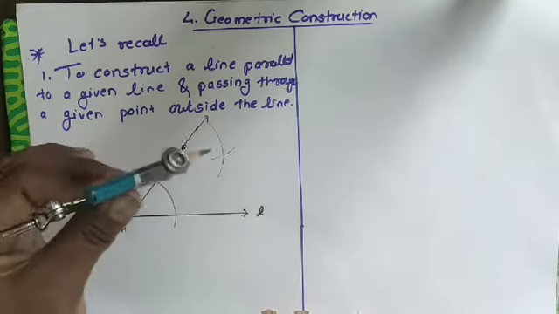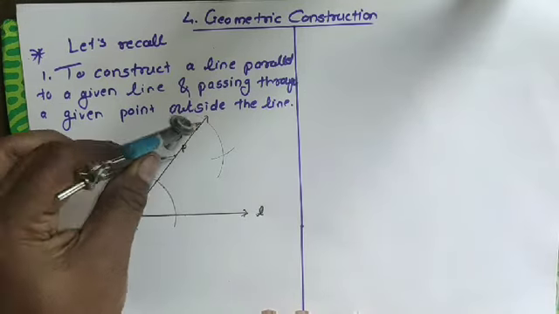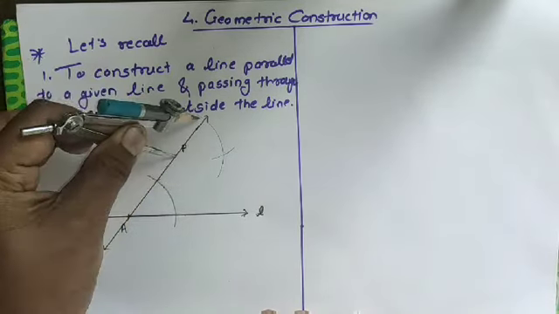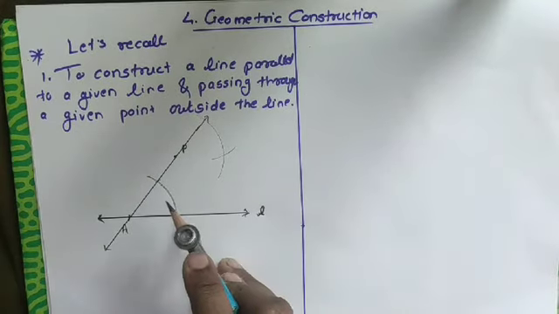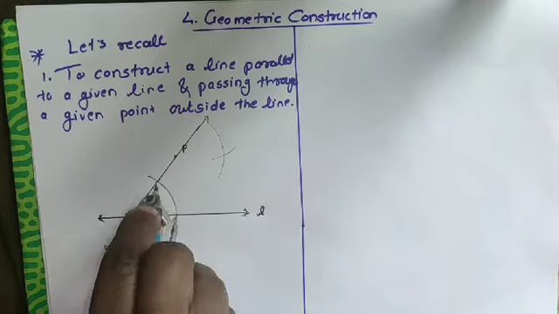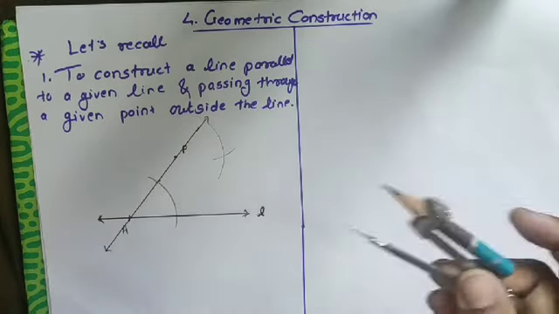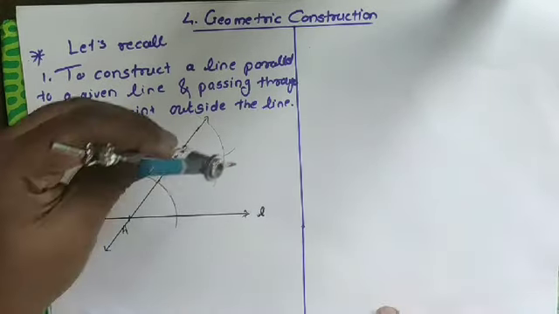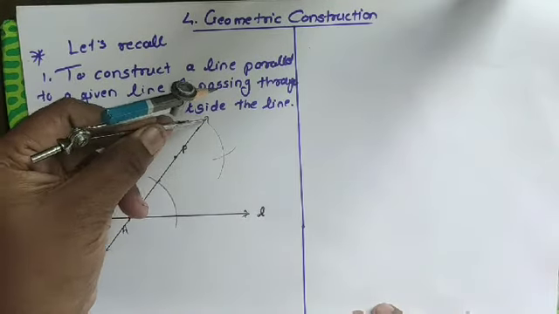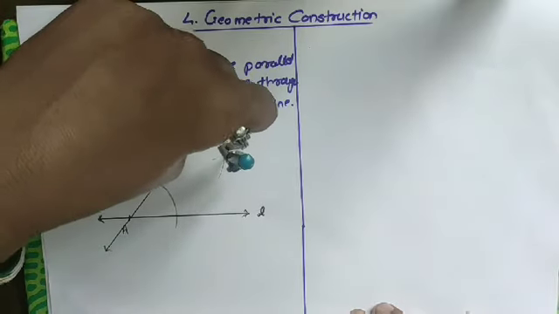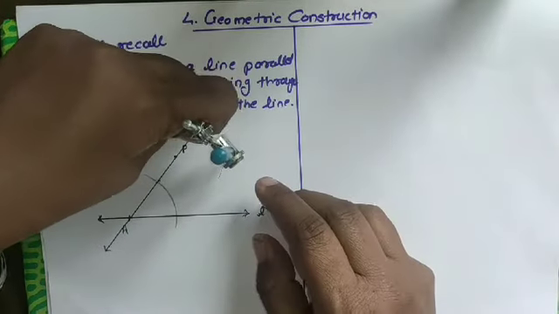After that, taking the same distance, keep the metal point on P and draw the arc which intersects the line AP. Now you have to take the distance between the line and the intersection of the arc, this distance, and keep the metal point on the point of intersection of the arc and this line, and draw the arc passing from this.